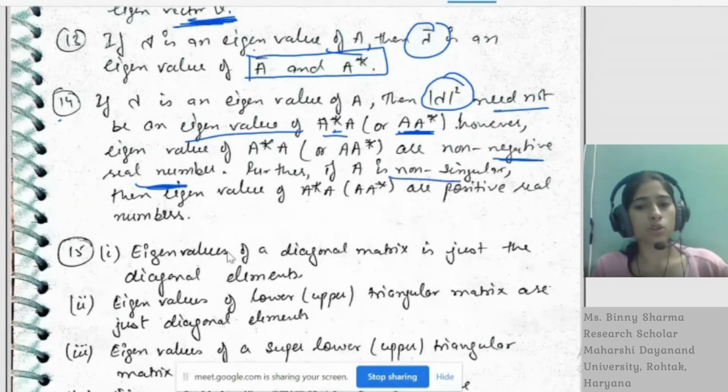If A is non-singular, then these eigenvalues will be positive real numbers. But we cannot say its eigenvalues are mod lambda square.